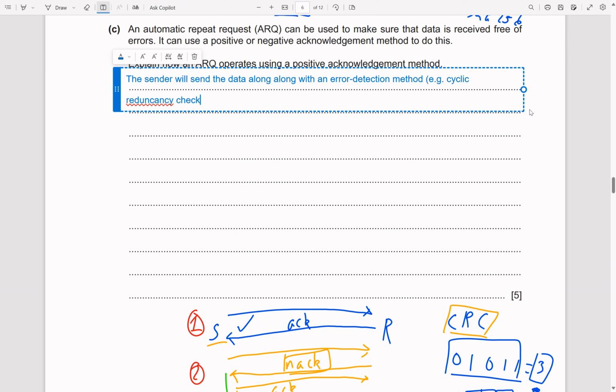I'm not going to worry about spelling now. The sender will send the data along with an error detection method, e.g. cyclic redundancy check.